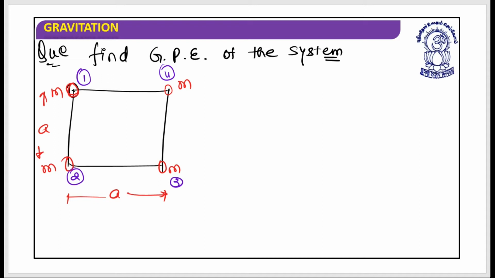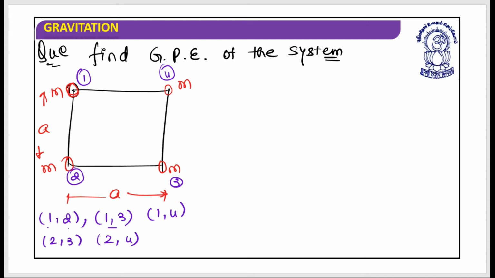First task is to form pairs. If I want to make pairs, I have 1 comma 2, 1 comma 3, 1 comma 4. Has anything been left? No. Next 2 comma 1, but it's a repetition, so 2 comma 3, yes, and 2 comma 4, yes. 2 comma 2 cannot exist.